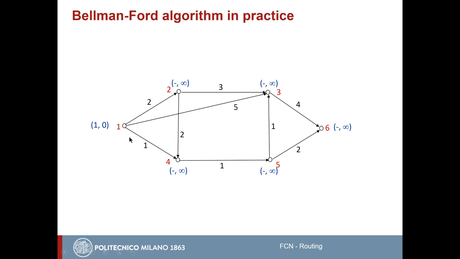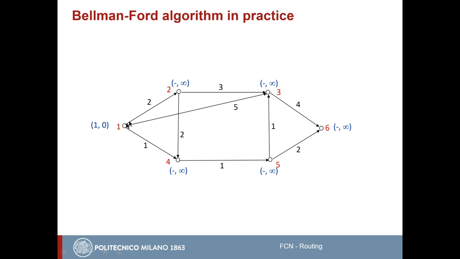In this case, the only node with the final distance is node 1, which is also the source, and it has only 2 neighbors. In this case, arcs are also directed. This may not be the general case, but with directed arcs, you simplify a little because you have fewer neighbors.